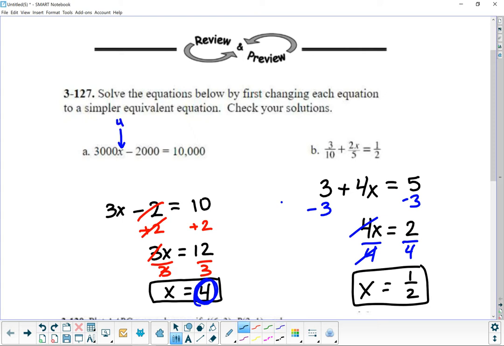Okay, so that makes 3,000 times 4, which is 12,000, minus 2,000. And does that equal 10,000? Right, and 12,000 minus 2,000, that is indeed 10,000. So that's check. That works out.